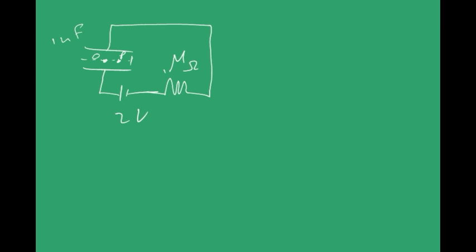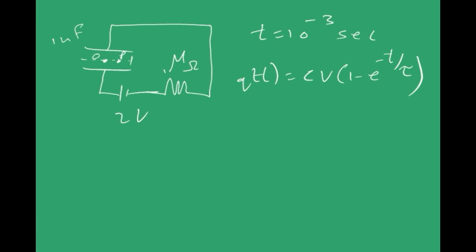This is my point P, which is at a distance of half meter from O. At time t equal to 10 power minus 3 seconds, I have to find the magnetic field B. You know that charge varies on a capacitor plate as CV into 1 minus e power minus t by tau, where tau is the time constant, that is CR. If you are familiar with this equation, that's fine.